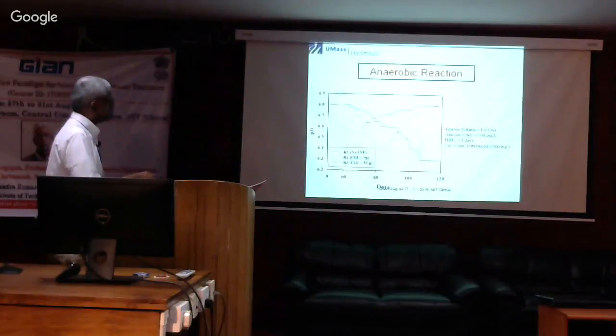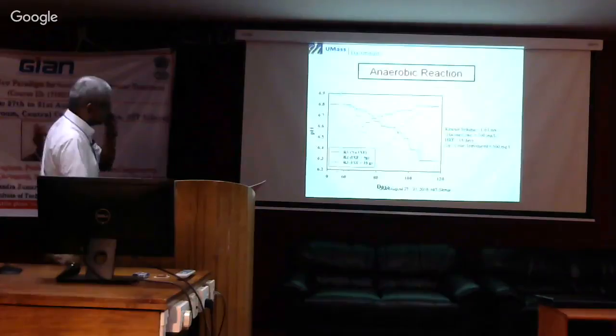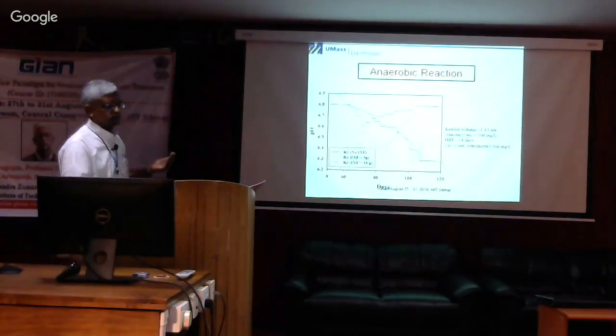Reactor 2, well, it does get affected in the sense that the pH starts to drop, but it's still taking up this toxic copper, and what happens is the pH continues to drop, but after a while it starts to pick up again. What does it mean? It means that this reactor has now stabilized.